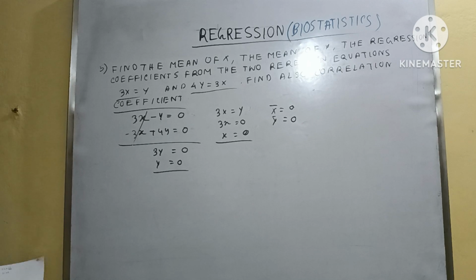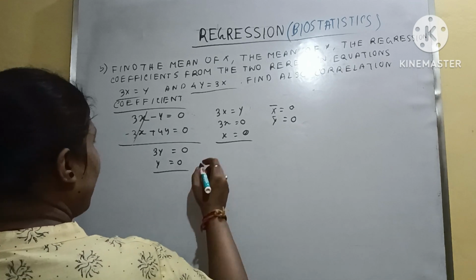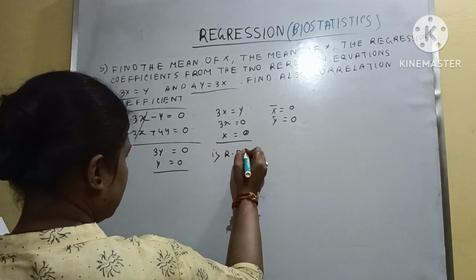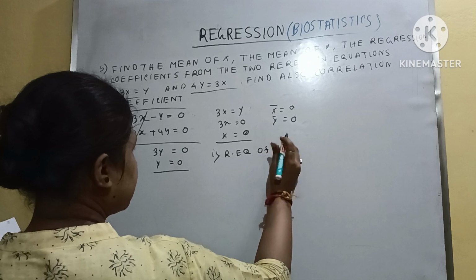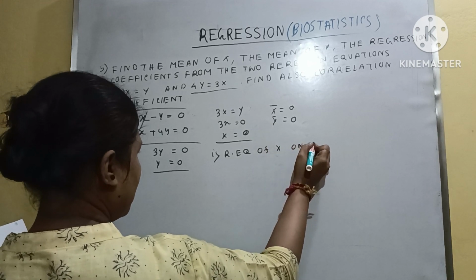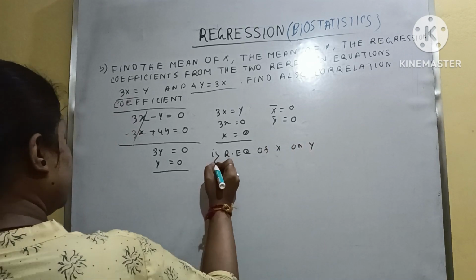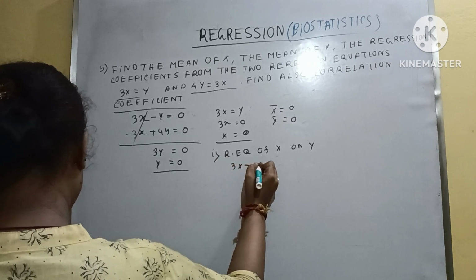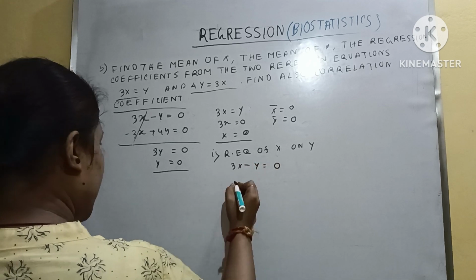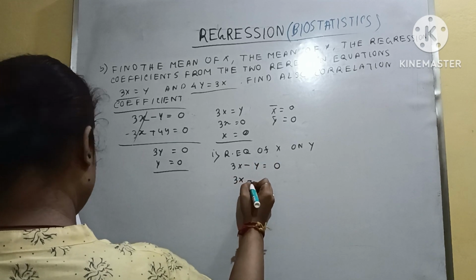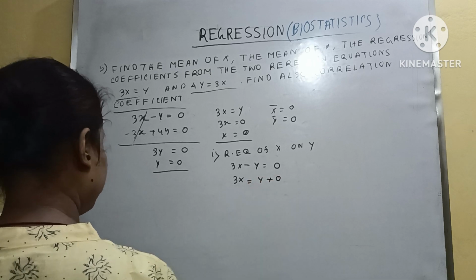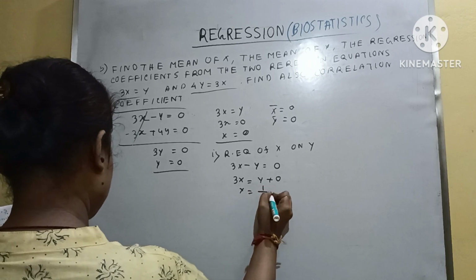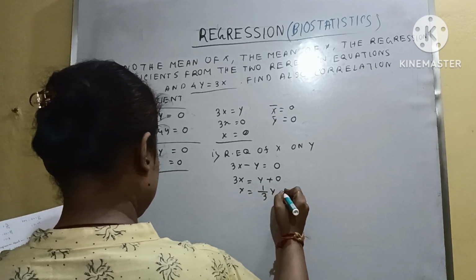Clear? So regression equation of x on y. Number 1. Regression equation of x on y: 3x minus y equals 0, and 3x equals y plus 0. Then x equals 1 by 3 y plus 0.